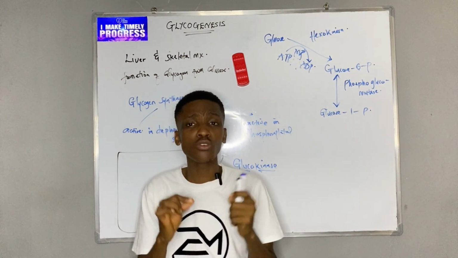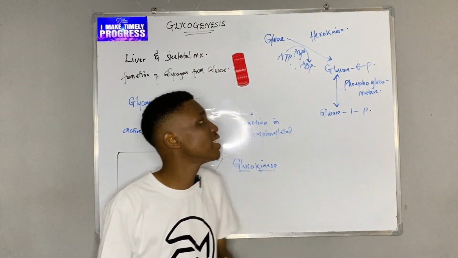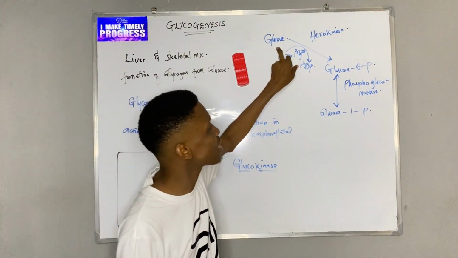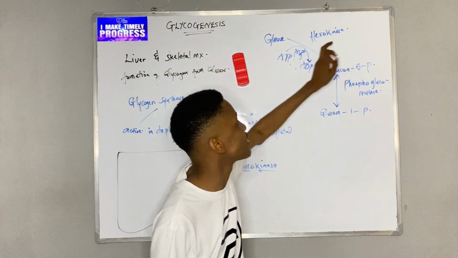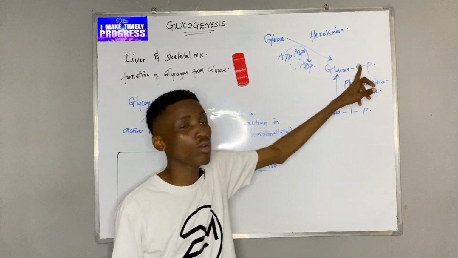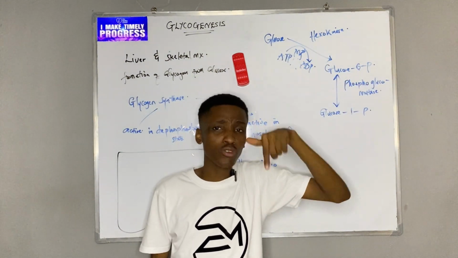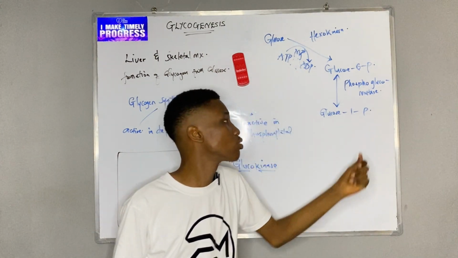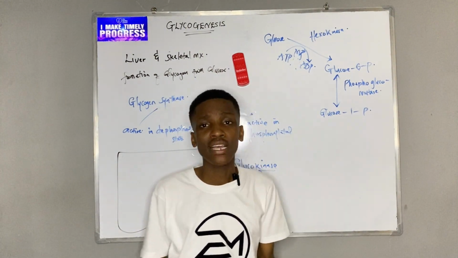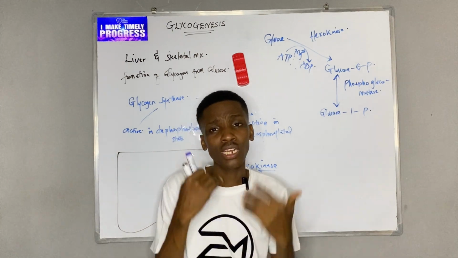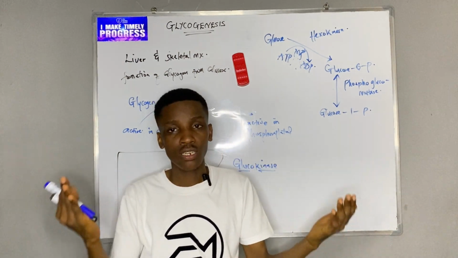But right here, what I want you to see is that the normal idea is that whenever you're using hexokinase, the addition of phosphate is to number 6. For me to change from the original place to another place, the enzyme is called a mutase because it brings about something that would look or depict mutation.